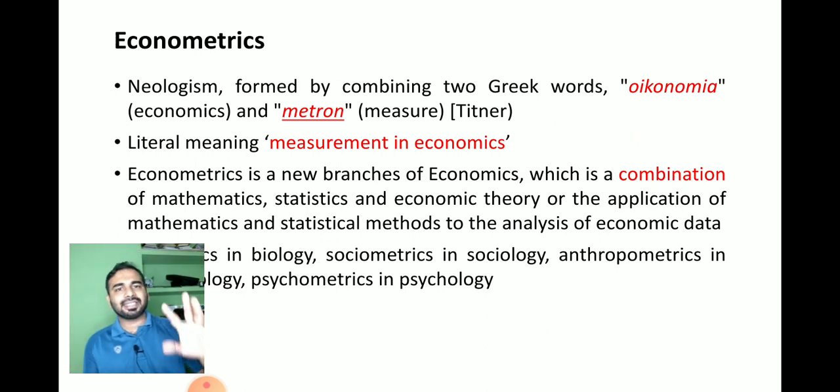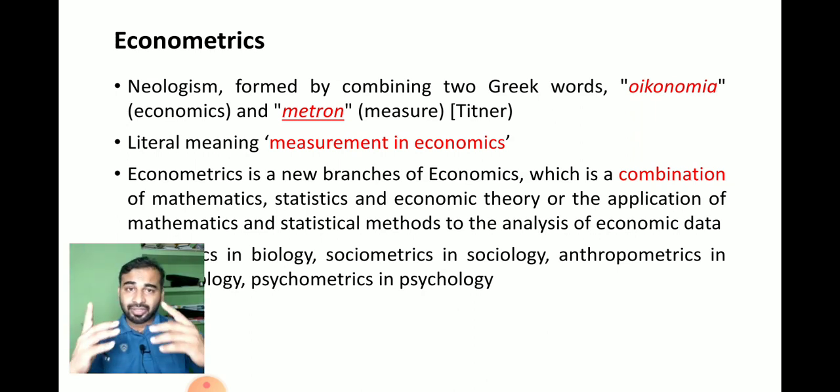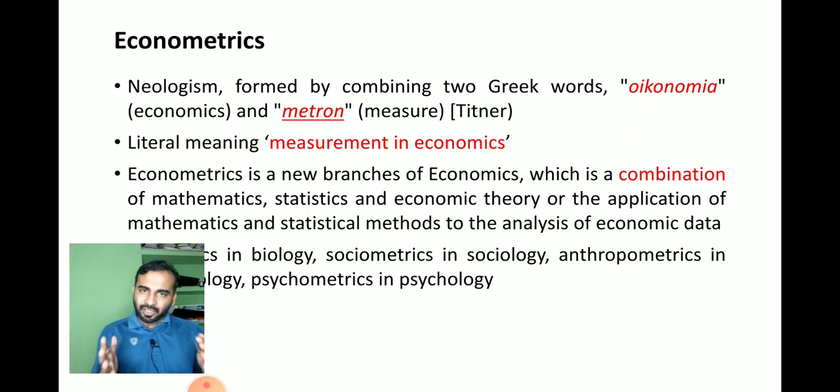Econometrics is nothing but a subject which combines three things: economic theory, mathematical economics, and statistical methods. I hope it is clear. Or you can say it is the application of mathematics and statistics to economics, or to economic theory.